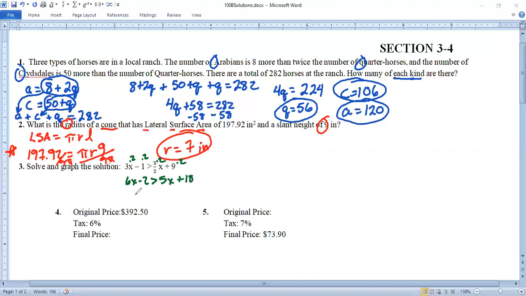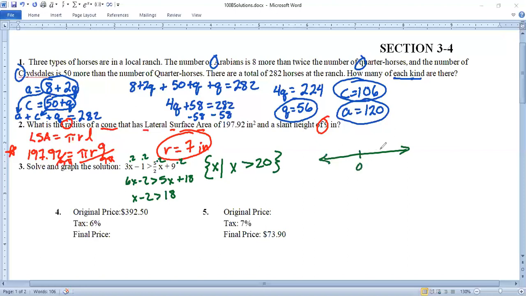Subtract 5x from both sides, and we get x minus 2 greater than 18. Add 2 to both sides, and we get x is greater than 20. Now, there's set notation that makes it look pretty, but x greater than 20 is really all we needed to have. And then the graph of it is on a number line.